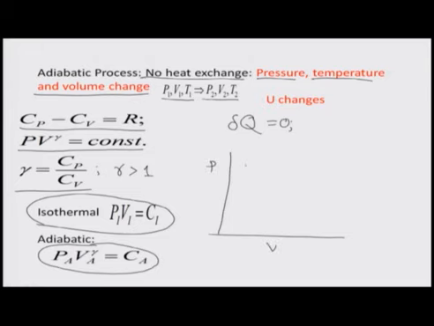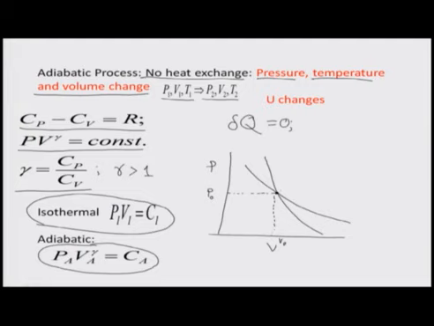I give you two curves. These two curves intersect at some point, which I am denoting by V0 and P0. I am asking the question, by looking at these two curves, can you tell me which one is isothermal and which one is adiabatic?